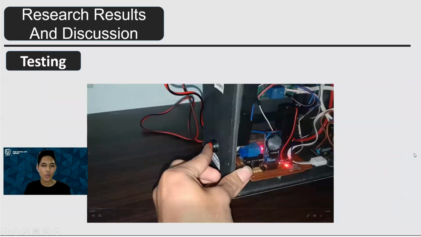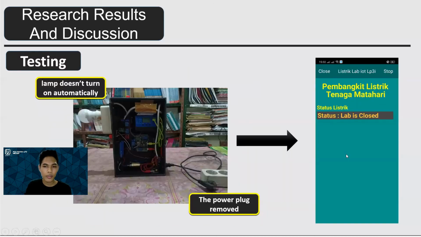Okay, next, when you press this button, it will send to your smartphone that lab is closed and the lamp doesn't turn on automatically. So when you remove the plug, it's actually a simulator. It is the simulator for testing that this device, this product, runs during a blackout.